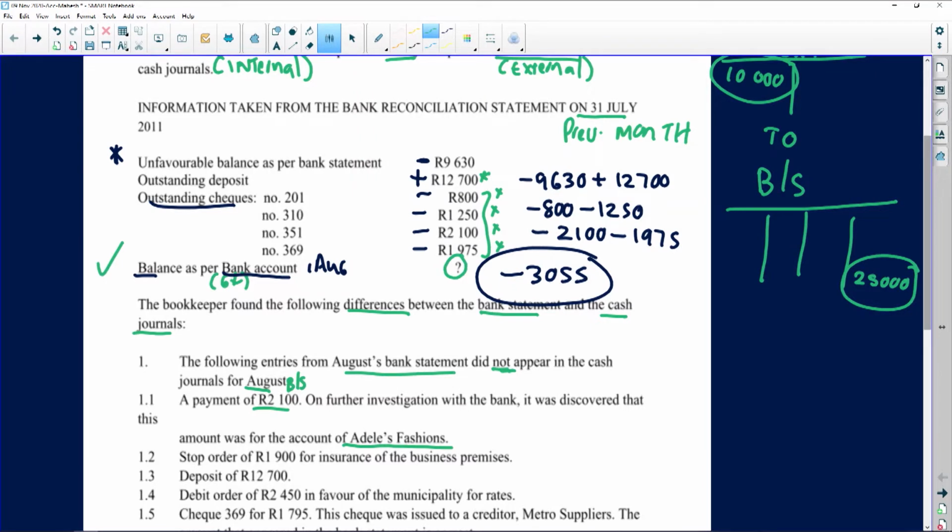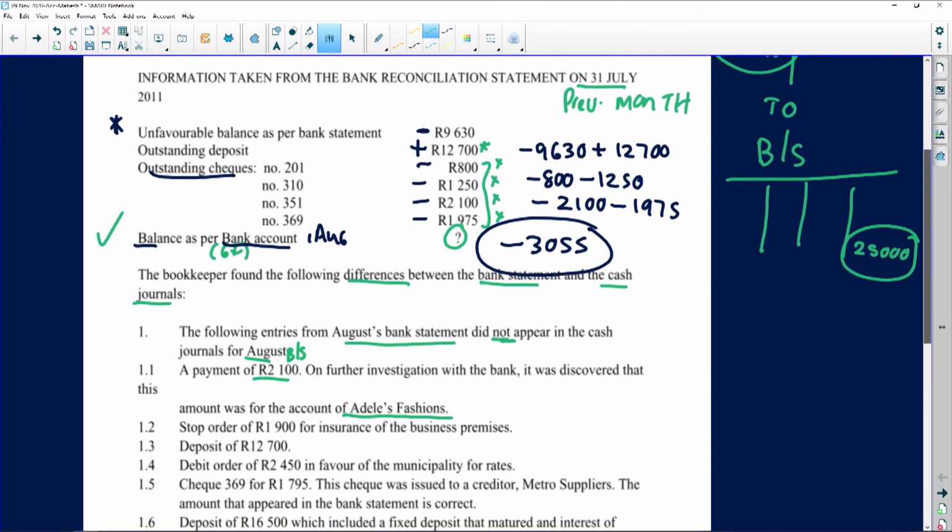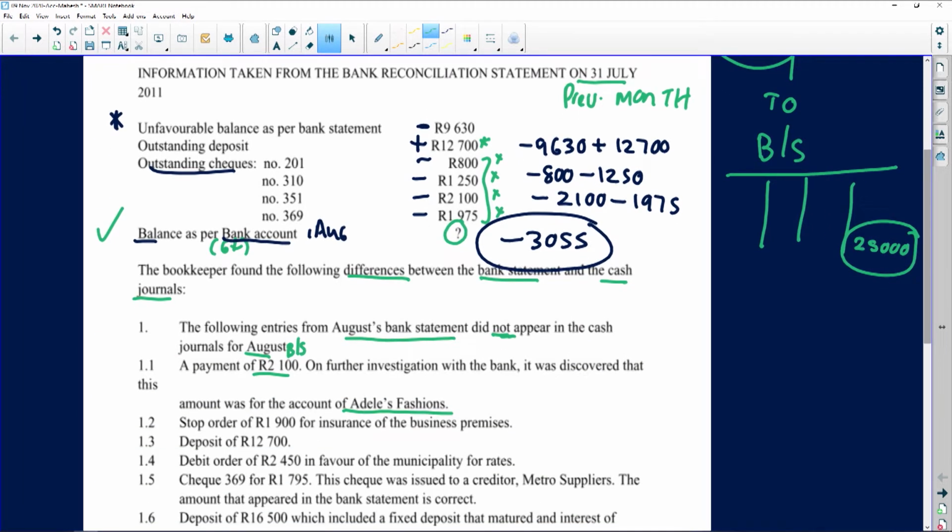Then we say, hang on, this was for Adelaide Fashions. Remember, the name of our business is Adelaide Traders, and this was for another business called Adelaide Fashions. So clearly the bank has made an error. We didn't make this error, but by mistake, the bank deducted 2,100 Rand from our account. This was not a payment made by our business.